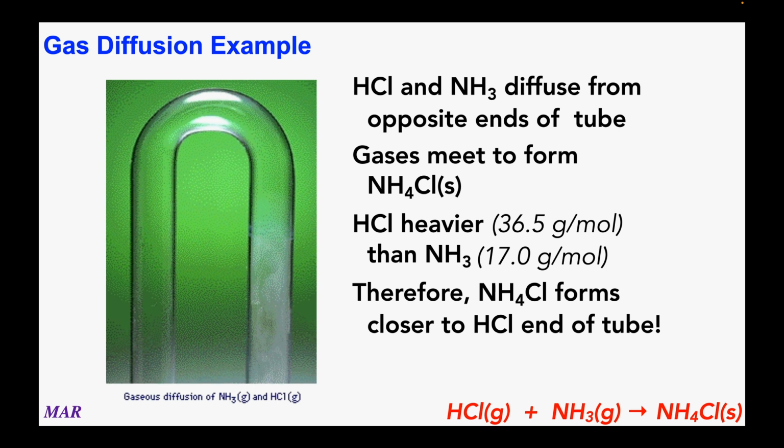So NH3 would run, if you will, a lot faster up that U-tube and get to the other side before heavy HCl does. But when they mix, that's when you see the white solid. And the white solid in this case was only on the HCl side. HCl is a lot slower to diffuse and effuse than ammonia is. So that's why you see the white ammonium chloride only on the right and not on the left side.